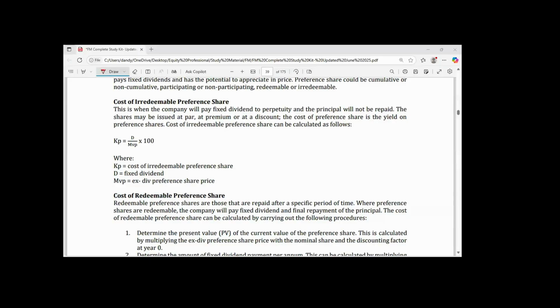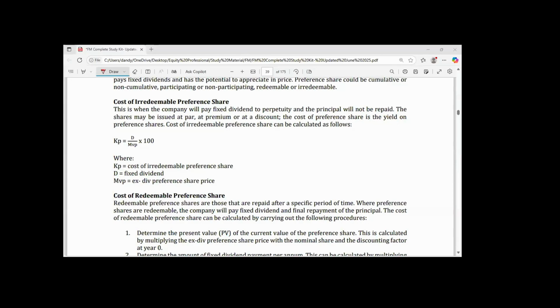So let's talk about irredeemable first. Irredeemable preference share is the type of preference share in which the company will pay the fixed dividend, but the principal will not be repaid.